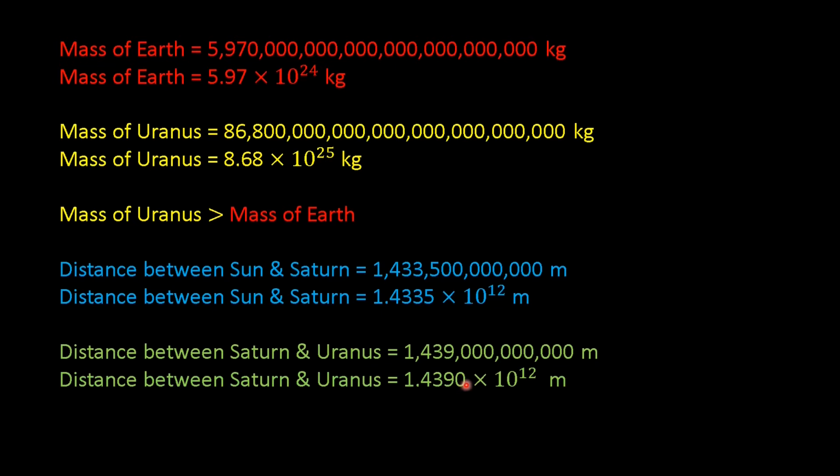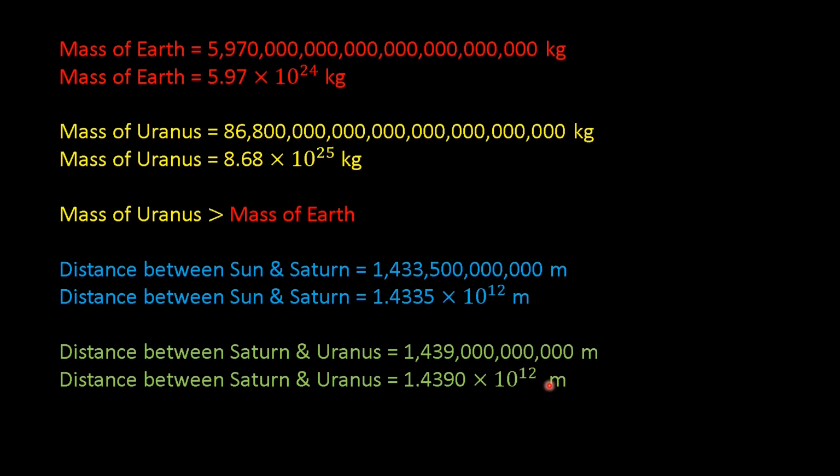Here we have given decimal next to this 1, and after decimal we have counted the number of digits that are coming, and here there are 12 digits coming after the decimal, and this 12 we have given as power to this 10 and written 1.4390 multiplied by 10 raised to 12 meter. So this is how we can write these large distances in the form of exponents or in the powers of 10. Now it has become easier to write these large numbers. It is easy to read them and it is easy to compare them also.